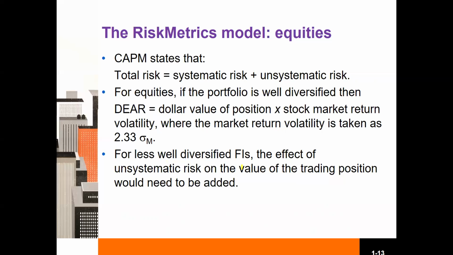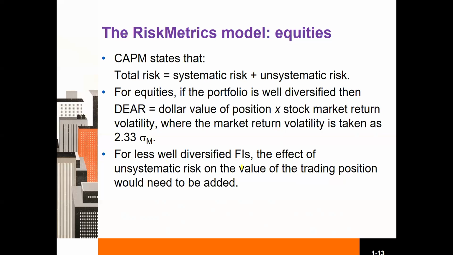In a very well diversified portfolio, unsystematic risk can be largely diversified away, leaving behind systematic risk, or the market risk. So if the financial institution's trading portfolio replicates the return of a stock market index, then the beta of this portfolio will be 1, because the beta of a market portfolio is also 1, since the movement of the return of the financial institution's portfolio will be 1 to 1 with the market.